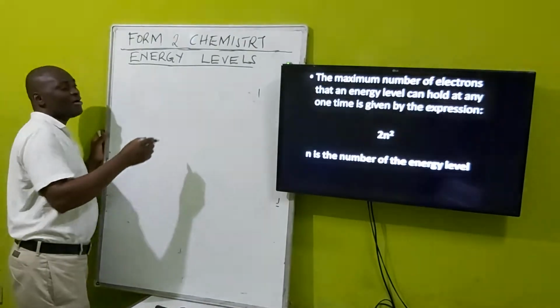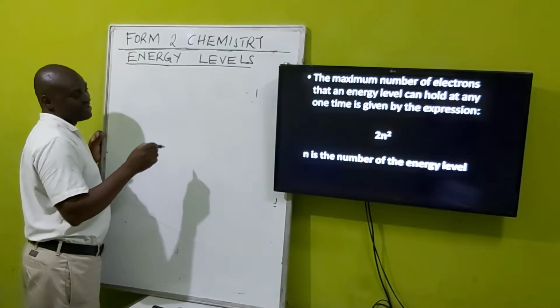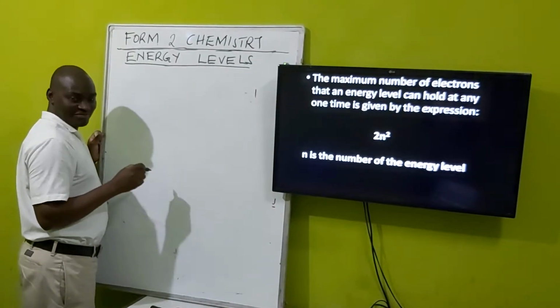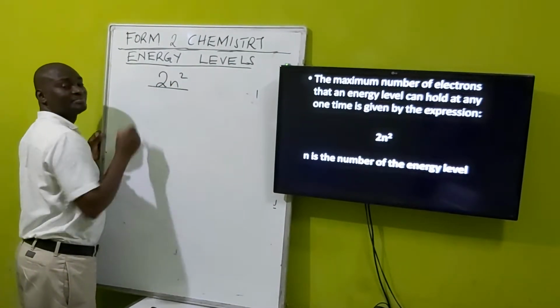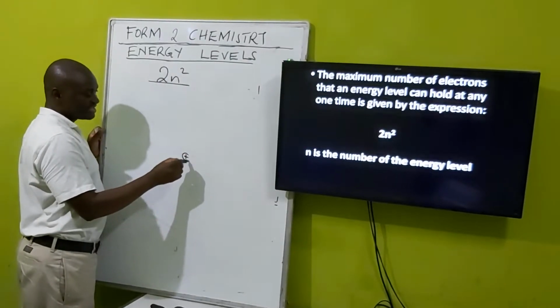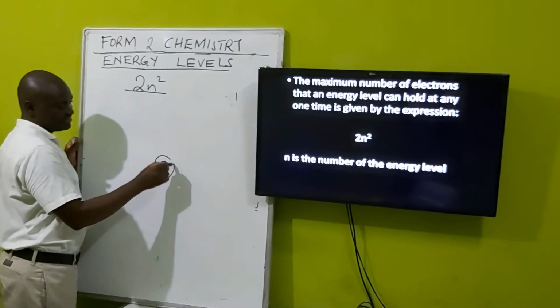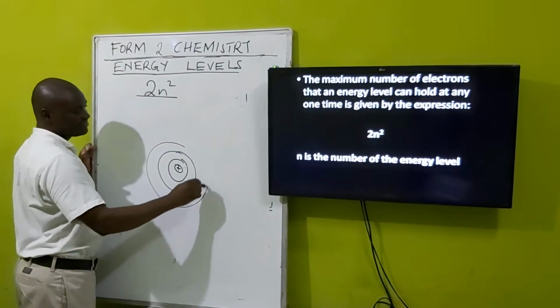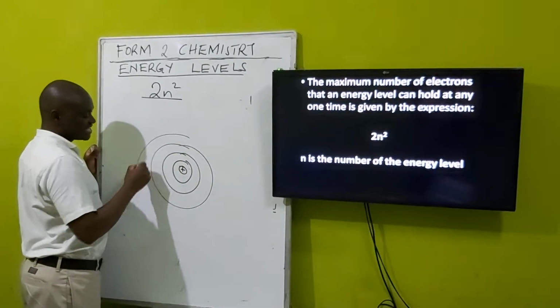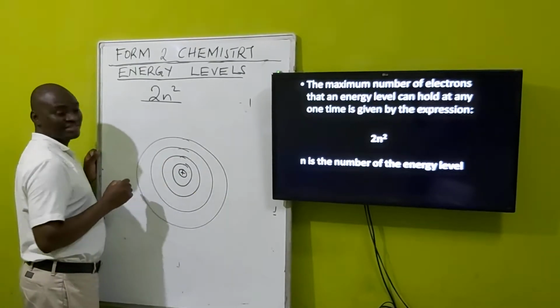The number of electrons found in any energy level is given by 2n squared. If this is the nucleus, first energy level, second energy level, third energy level, fourth energy level, like that.